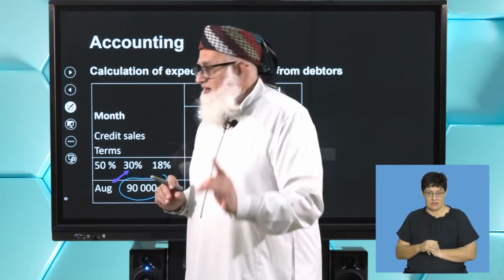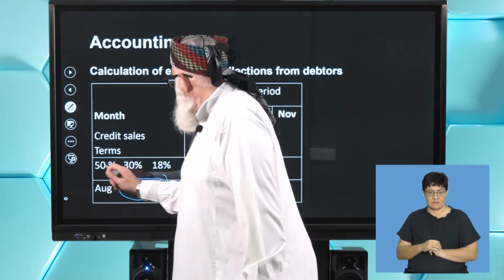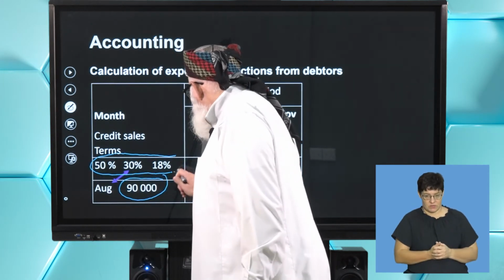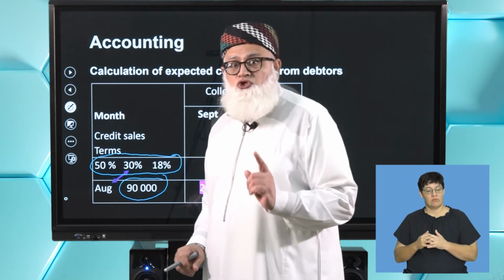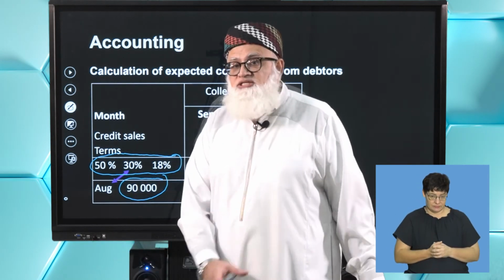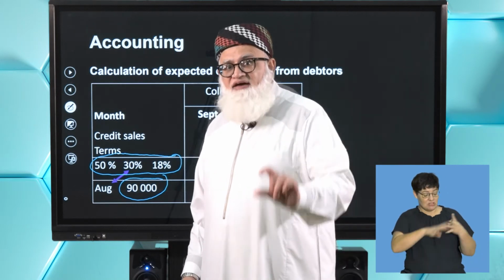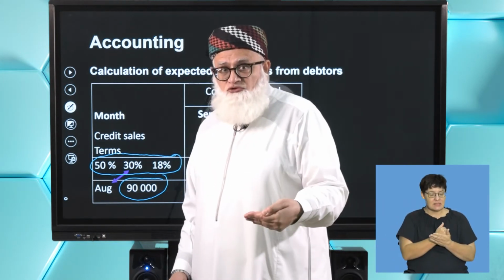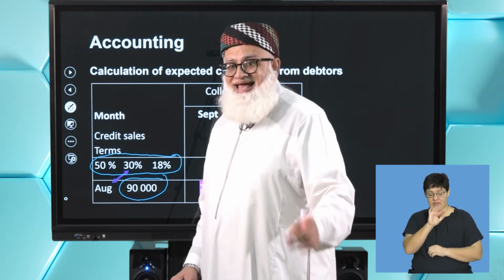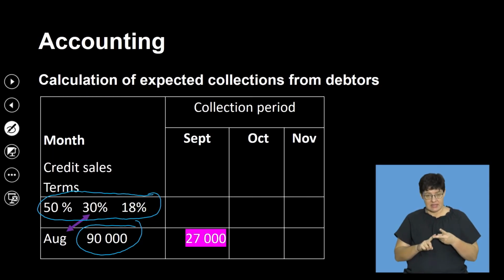Very clear. Here's my August, here's my collection. Can you see? It's set out for you so that it makes it easier when you are doing your calculation. So keep this in mind when you are doing your debtors collection schedule, that you have the actual terms in front of you. So August would be 50% in August and 30% in September.